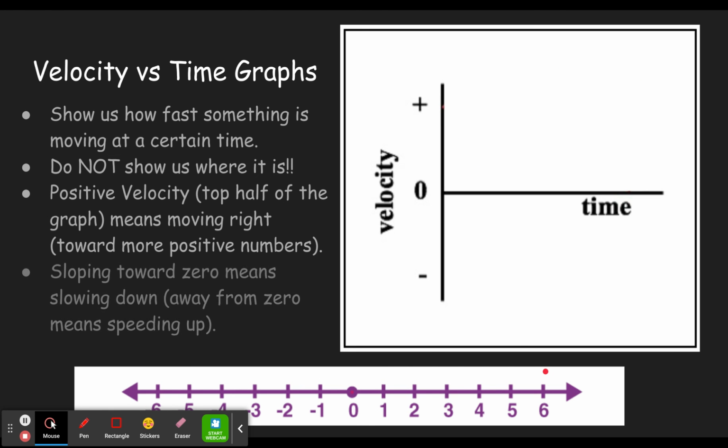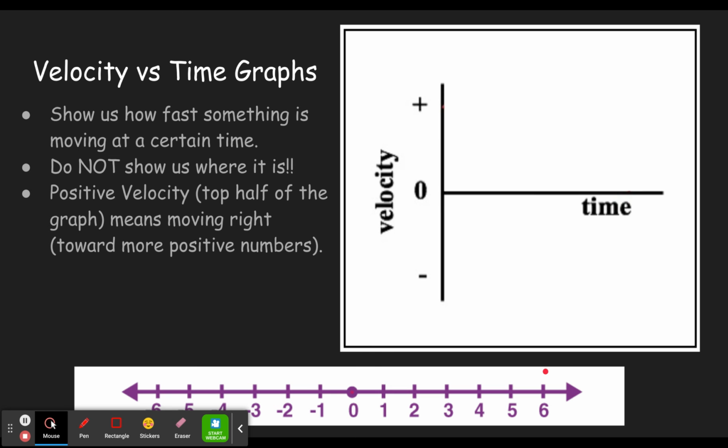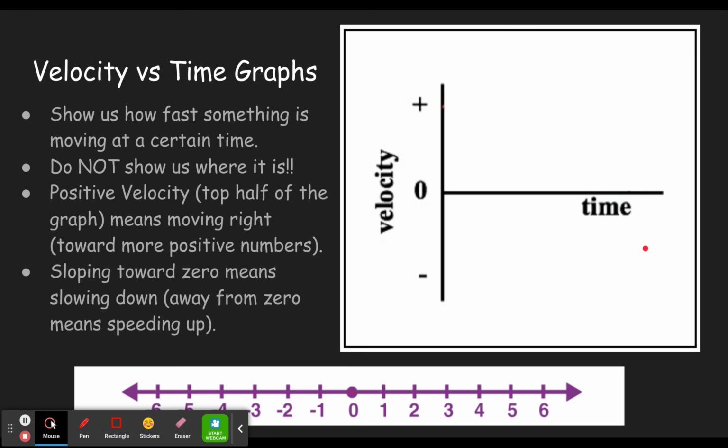The opposite of that is true as well. Down here in the negative section would mean your velocity is negative. That would mean you're moving left. So moving left is a negative velocity. Next, sloping towards 0 means slowing down. On either side, if you're sloping towards 0, because this is 0 velocity, this means stopped.